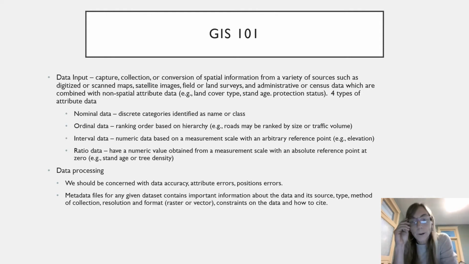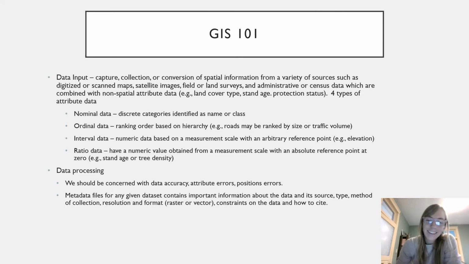So the example that the book gives to help us think about the difference between interval data and ratio data is that an interval data set that notes a 0-degree temperature does not denote the absence of temperature. Rather, it is a sort of arbitrary reference point on a scale. However, a forest inventory data set that estimates 0 for tree density is reflecting an absolute absence of tree density.